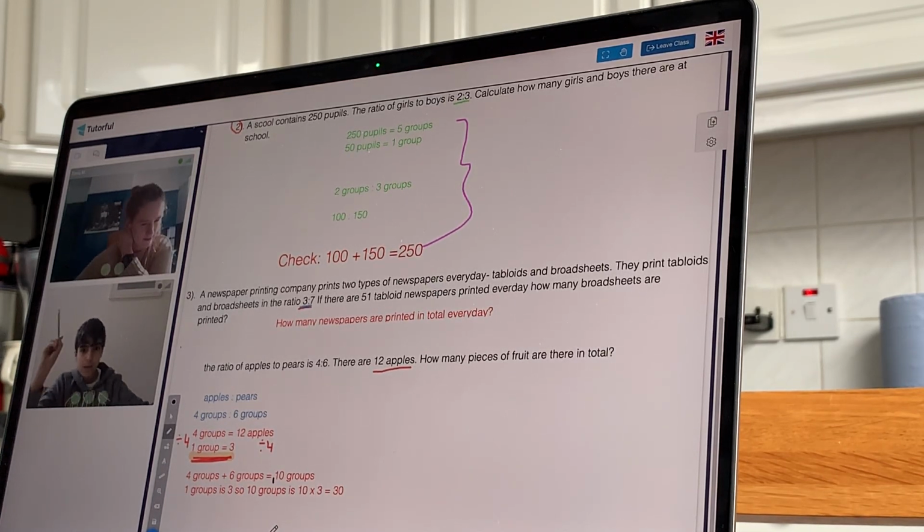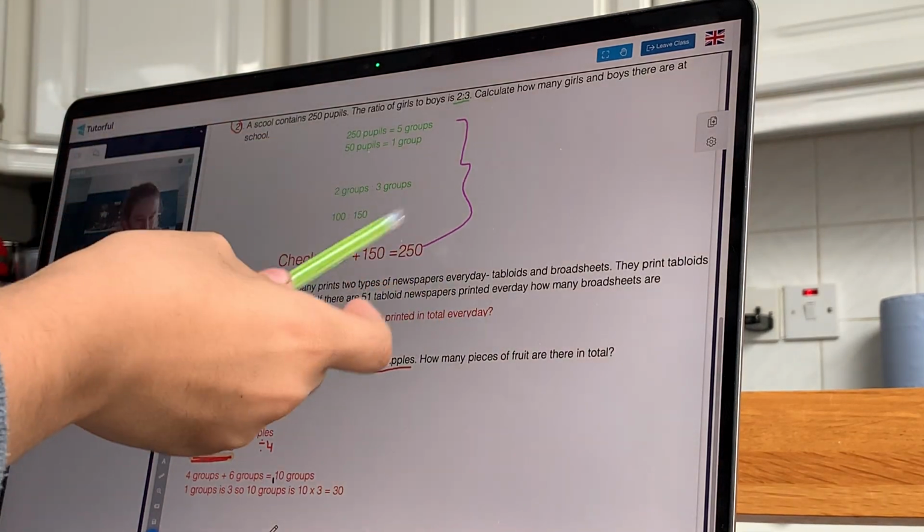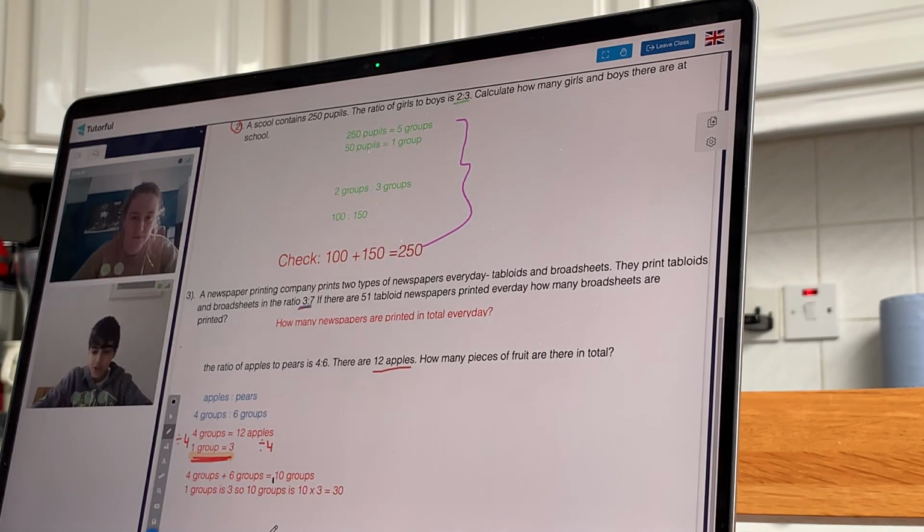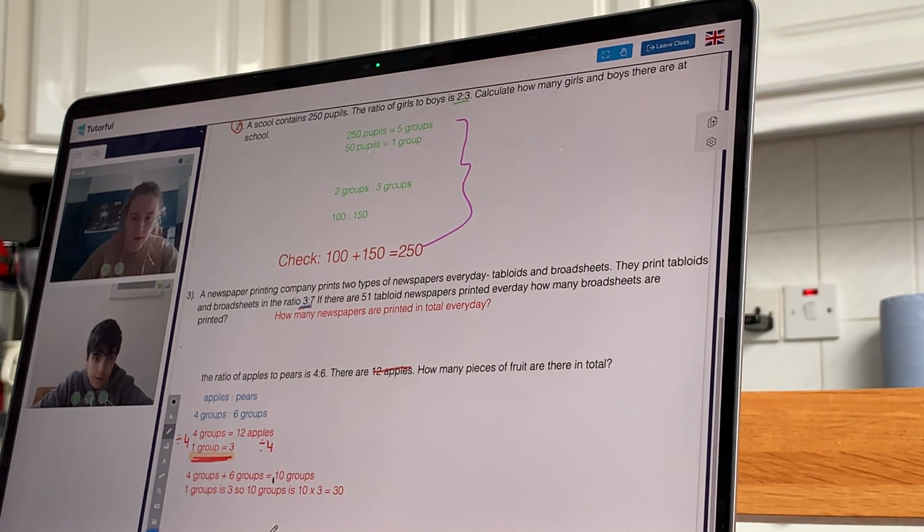So let's go to the newspaper one. You know how you did 3 plus 7 is 10, and then you multiplied 10 by 7, then you got 170 for the answer.